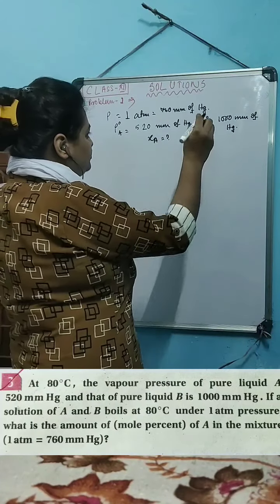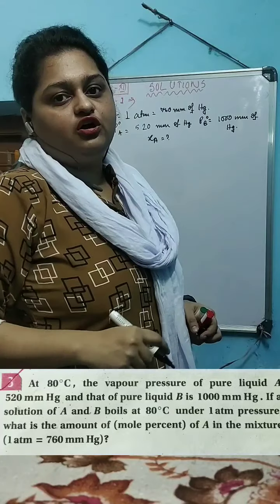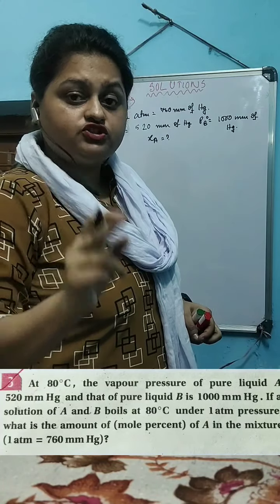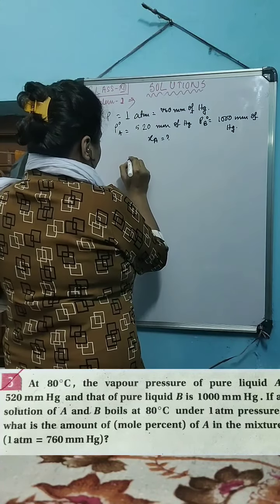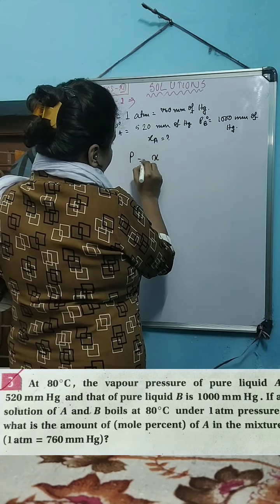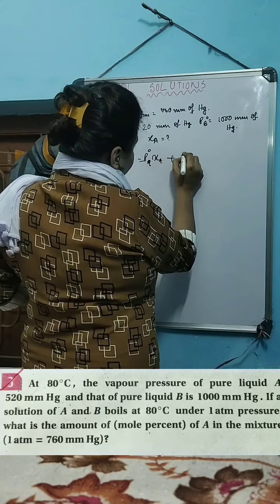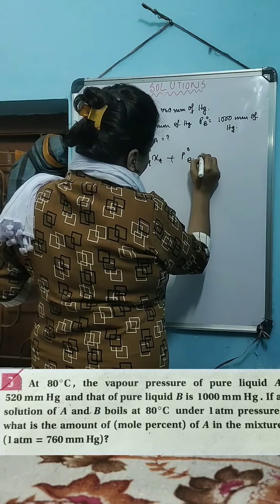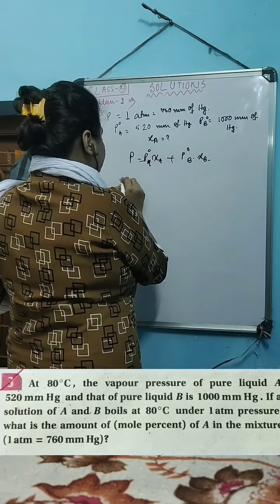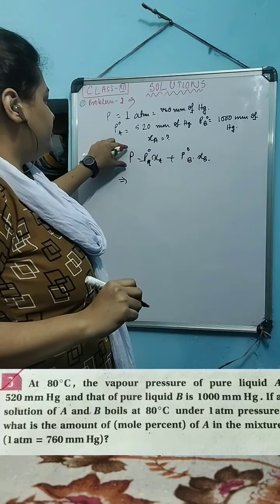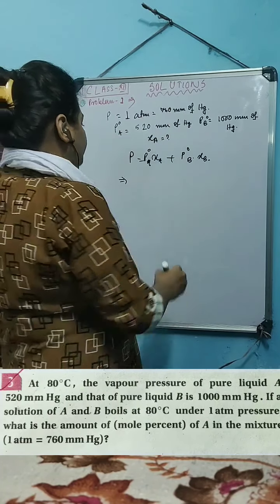Now, how are you going to do it? You are going to apply Raoult's law for the solution, which is given by P equals P naught A into XA plus P naught B multiplied by XB. We know the total vapor pressure for the solution is 760.